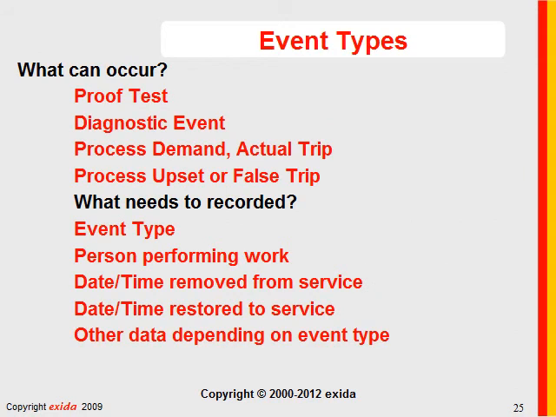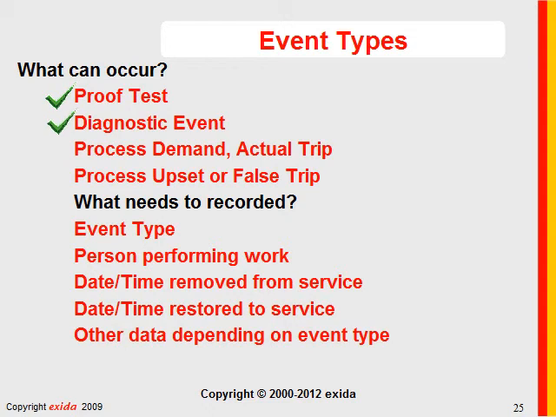Now, what kind of events should we track? Well, there are many different event types. We really do need to track results of each proof test, not only to show that we've done the proof testing, but to calculate failure rates when the as-found conditions are recorded and when failures are therefore identified.